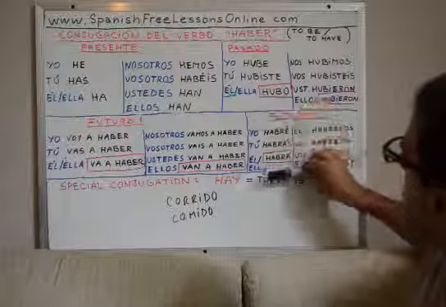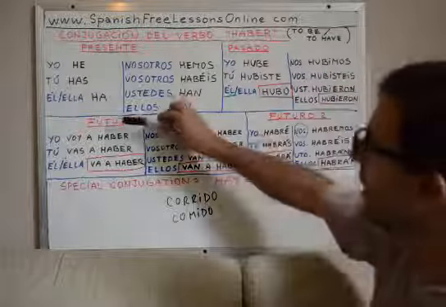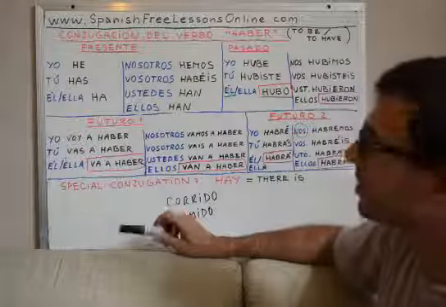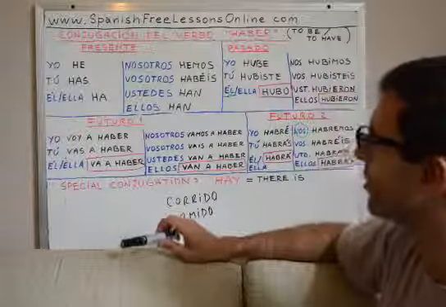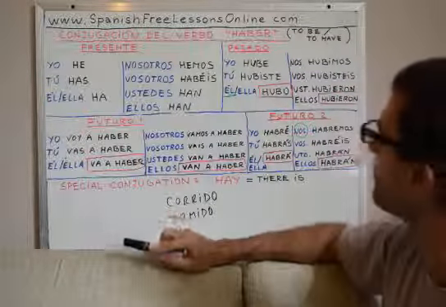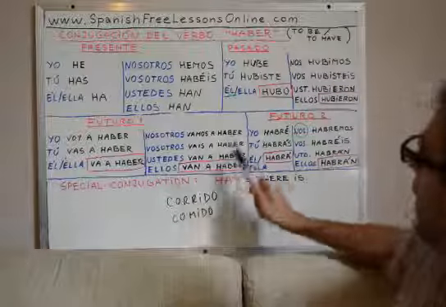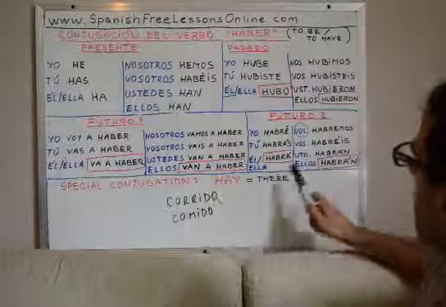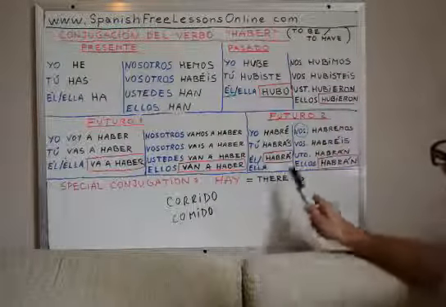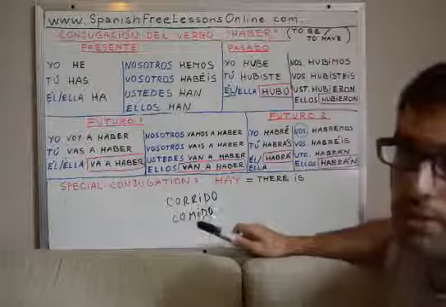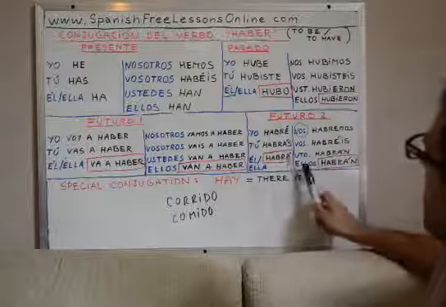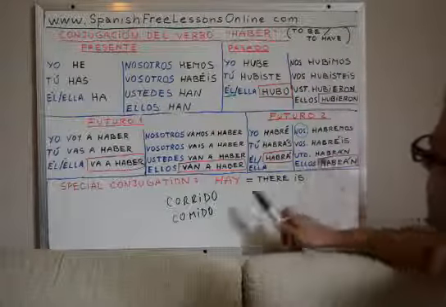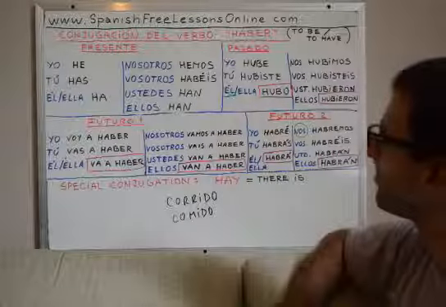Typically, this is the Spanish way of conjugating the future, and I'm showing you this one because it's more similar to the English conjugation of the future. So, the same as we said, ellos van a haber corrido, we can say ellos habrán corrido, or ellos habrán comido, and it means exactly the same. They will have run, or they will have eaten.